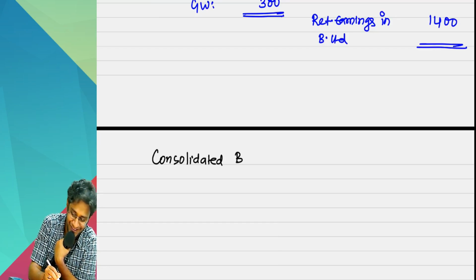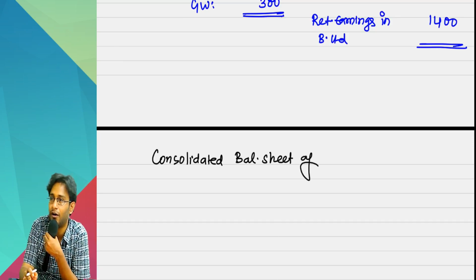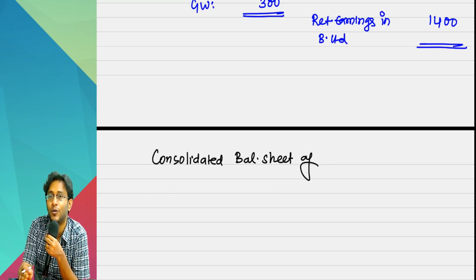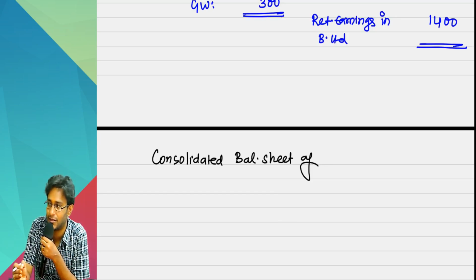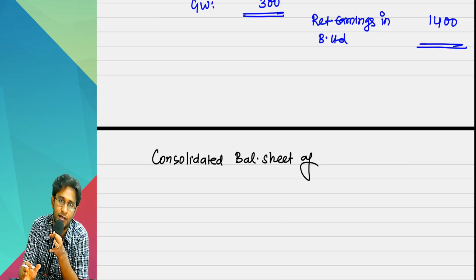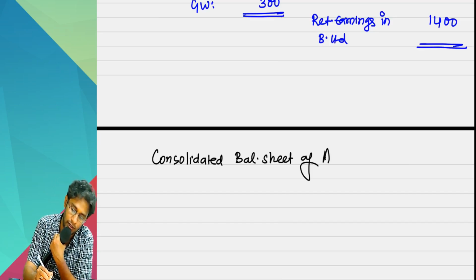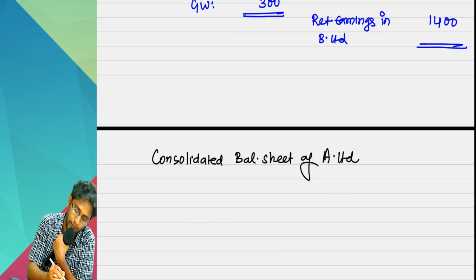Correct, sir. Consolidated balance sheet. Who is doing the consolidation? B is consolidating A in substance, but legally the drama should happen in the books of A. So consolidated balance sheet of A Limited.